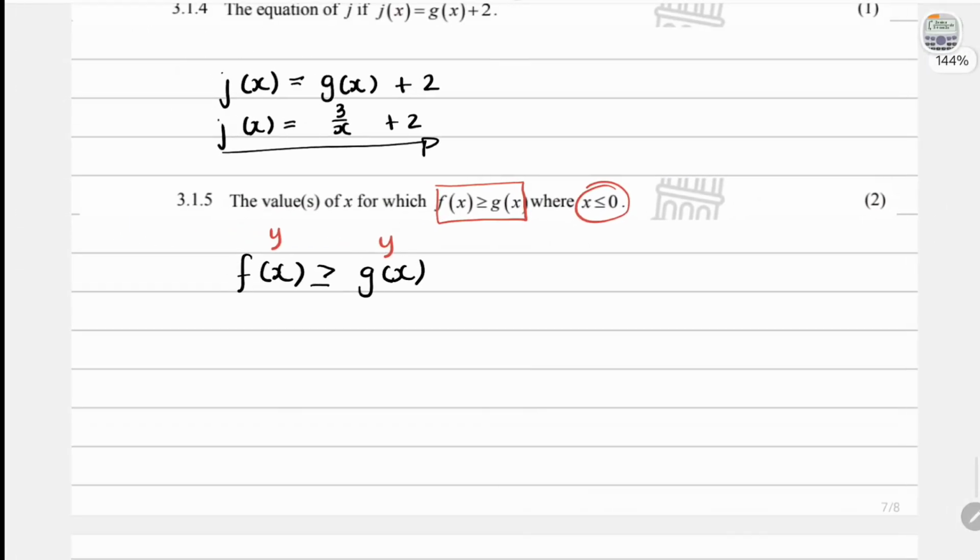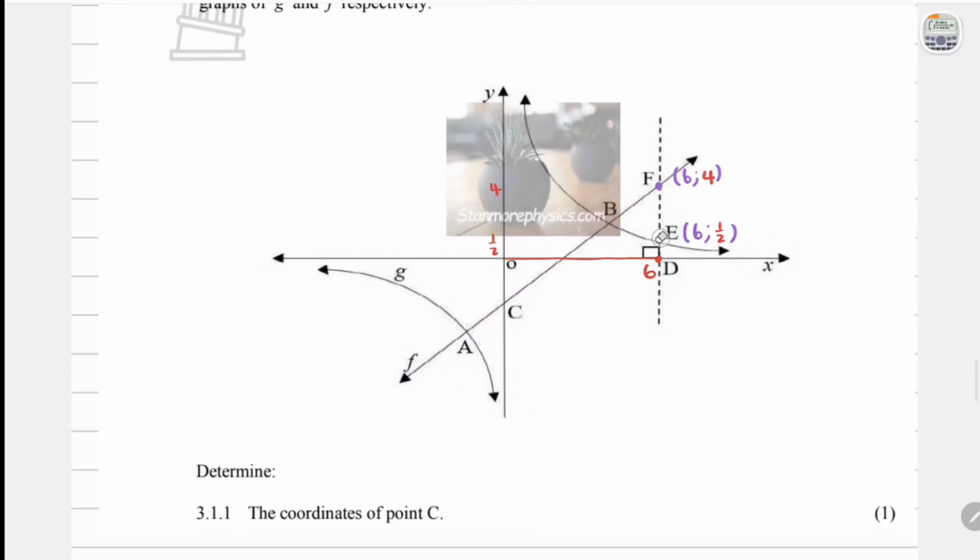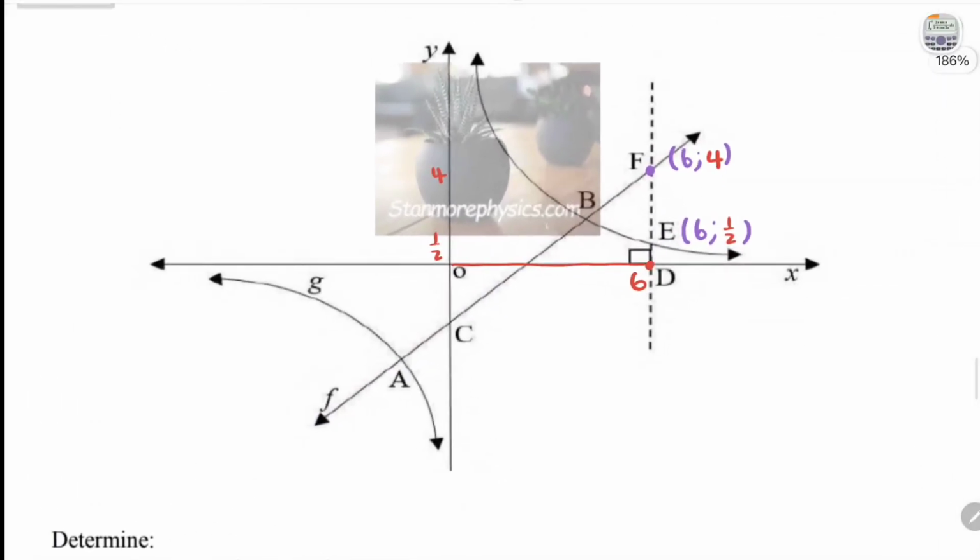Let's find that on the Cartesian plane. Where is x less than or equal to 0? Okay, so we don't have to waste our time looking for things that we don't have to look for. Looking at x now, this is your x values. That's your x-axis. Where are your x values less than or equal to 0? They're equal to 0 here. That's where x is equal to 0.